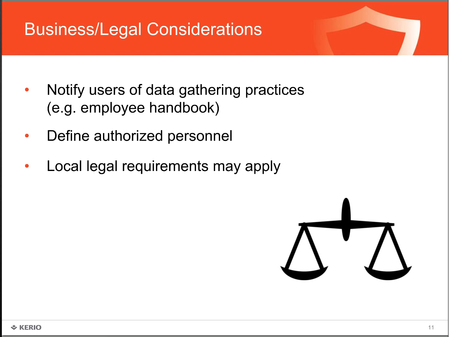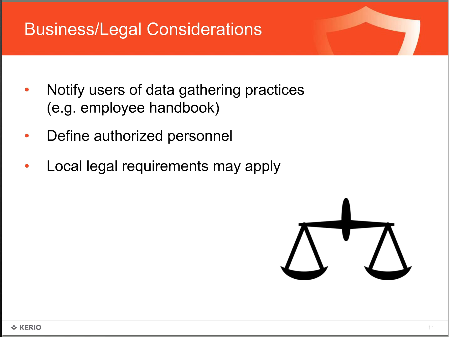Beside the technical prerequisites, you should also think about business and legal considerations. For example, you need to notify users that data is gathered. A pretty good way to achieve this, normally in bigger companies but also in smaller ones, is a so-called employee handbook.